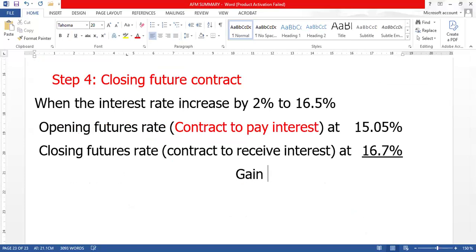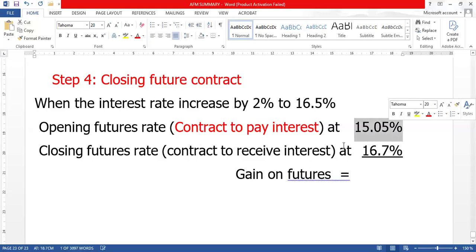A gain or no? I hope all of you agree that it's a gain, because you had a contract to pay this, but now you're closing, you're receiving the interest at this rate.